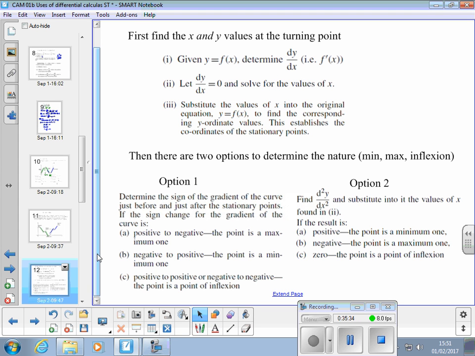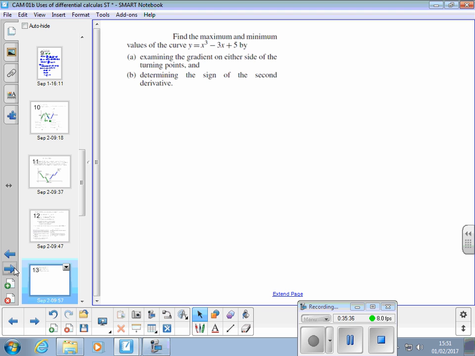Options. Hopefully we've got an example. Find the maximum and minimum value of the curve y is equal to x cubed minus 3x plus 5, by looking either side of the point.